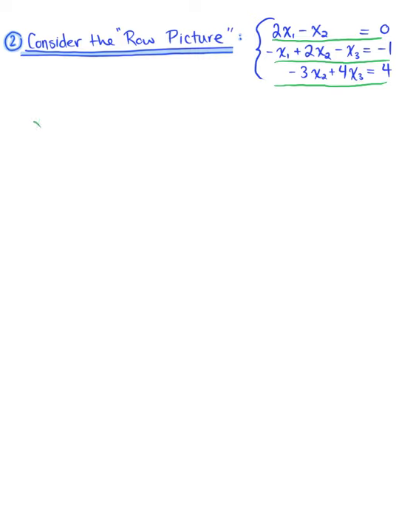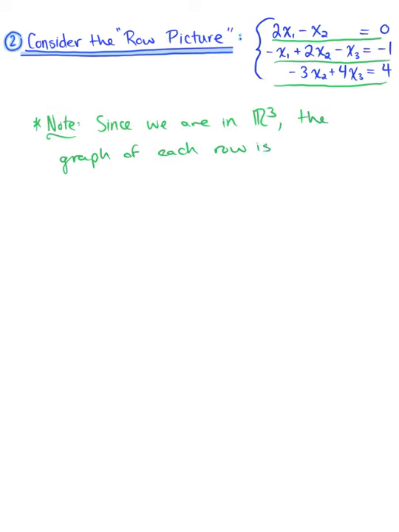Now, I want you to note that since we're in R3, what are the graphs of each row? Since we are in R3, the graph of each row is a plane. Yuck.